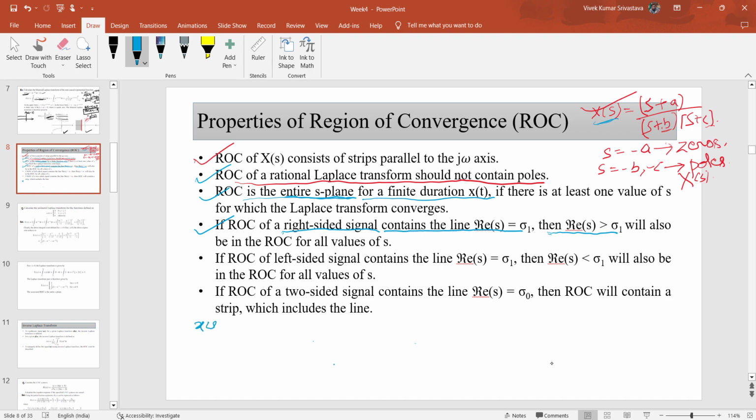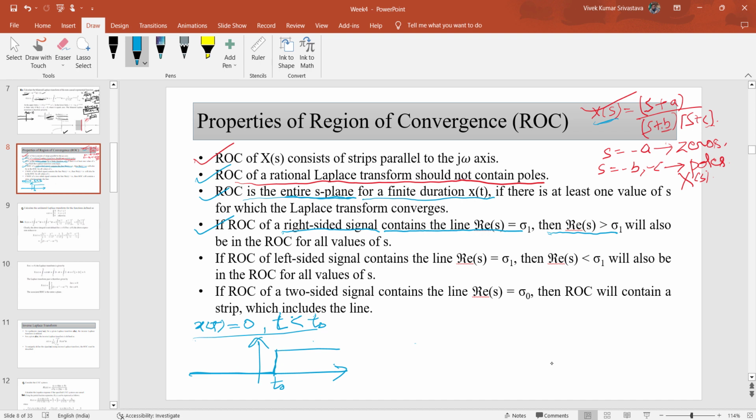A signal x of t which is equal to 0 for t less than t naught is a right-sided signal. It is 0 for t less than t naught, and for t greater than t naught it is defined.